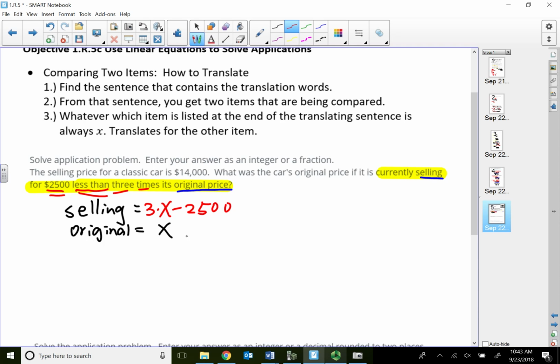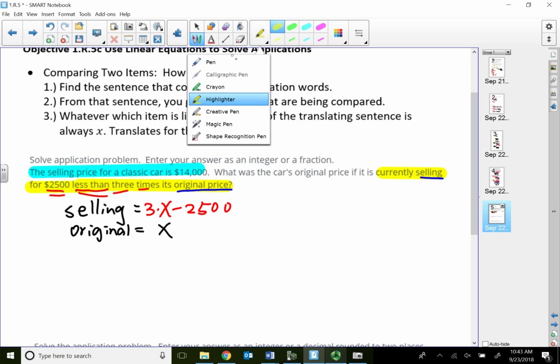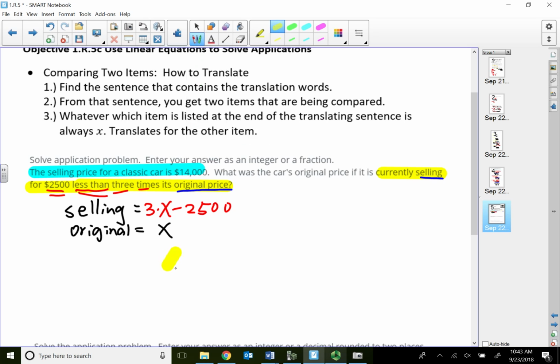I need to find the original price. So if I go a sentence before, this has to be the only sentence that tells me how to write out my equation, which literally says the selling price for a classic car is $14,000.